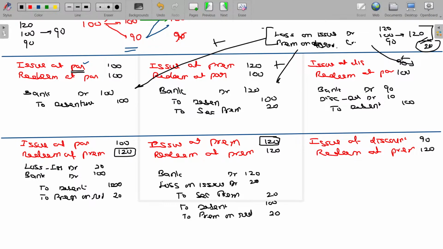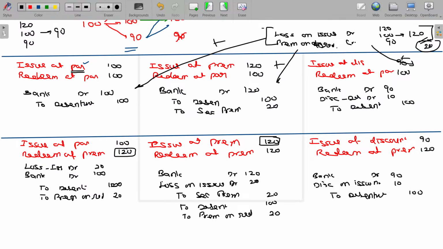Next one will be issue at a discount. What is the entry for issue at discount? Bank account debit, discount on issue of debenture to debenture. This is for issue first of all. The value being 90 is the collection, 10 rupees being the loss, 100 rupees being the debenture.